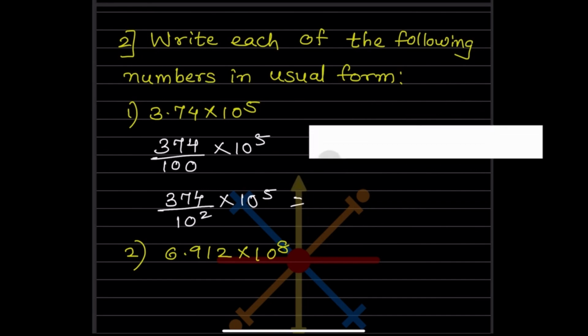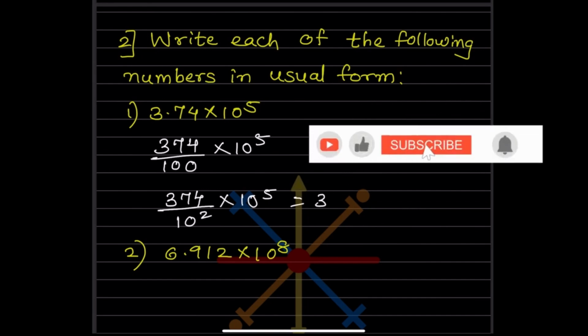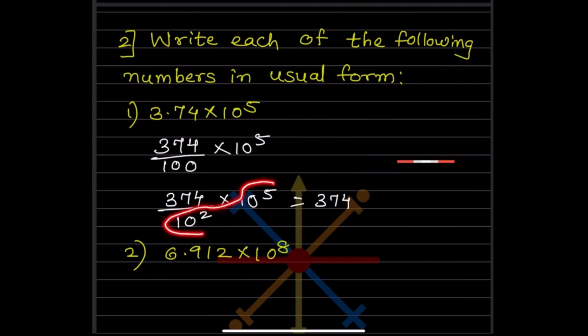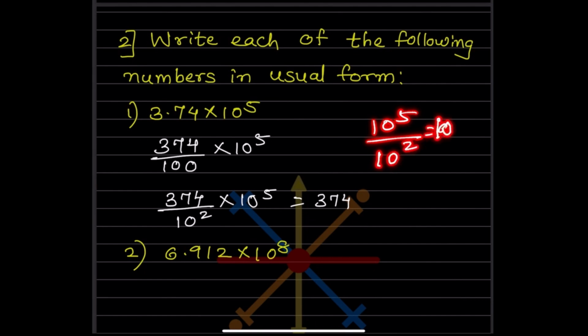Now you write this as 374, and look at this part. You know the exponent rule: a raised to m divided by a raised to n is a raised to m minus n. So 10 raised to 5 divided by 10 raised to 2 is 10 raised to 5 minus 2, that is 10 raised to 3.